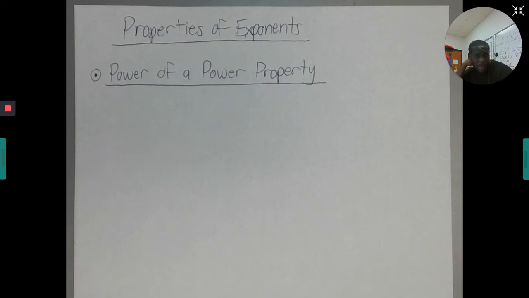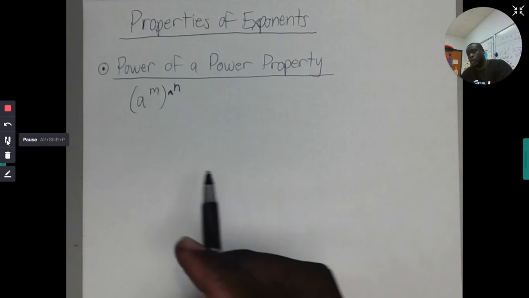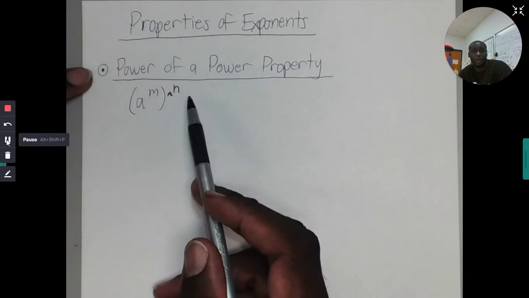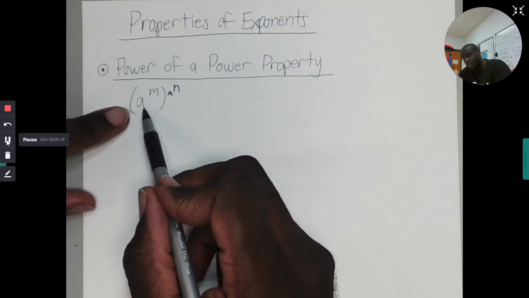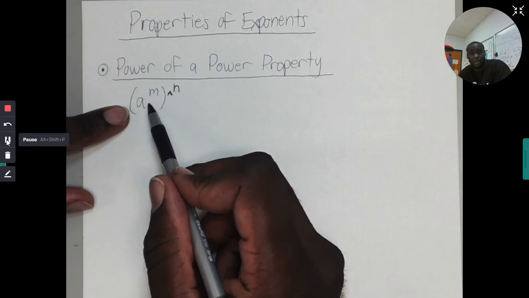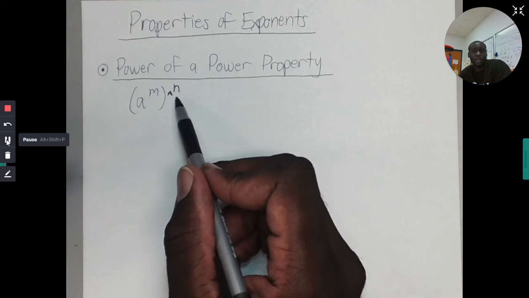Hello, students. We want to continue with properties of exponents, and we want to talk about what happens when you have the power of a power. In a case like this, where you're raising a power to another power, you have the base a, and it already has a power, but you're raising this whole thing to another power.